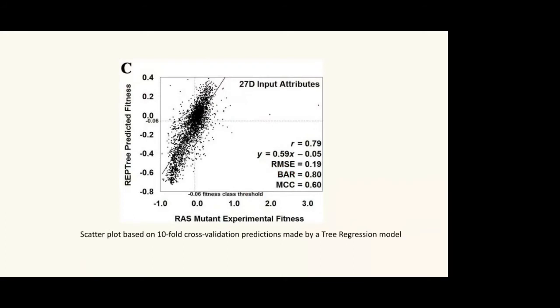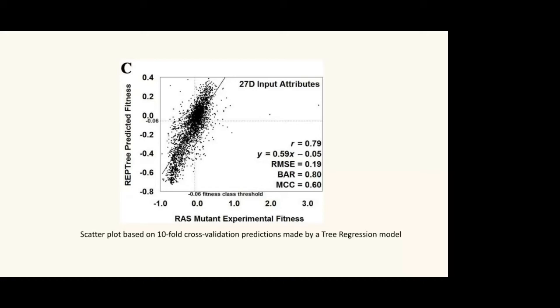Okay, then here's figure C, which is a scatter plot that reports the results of a particular ML model. In this case, it was the regression model that used rep tree regression, on the local profiles vector. Every one of those dots represents a different mutation, so in total there's over 3,000 dots in this diagram.